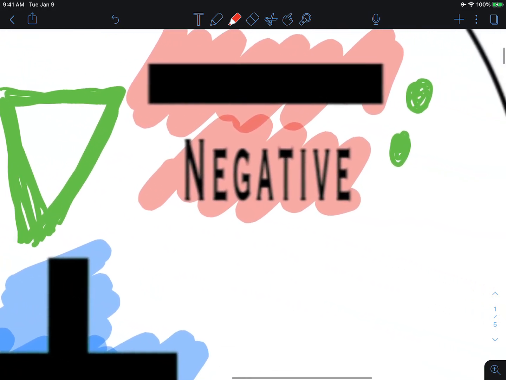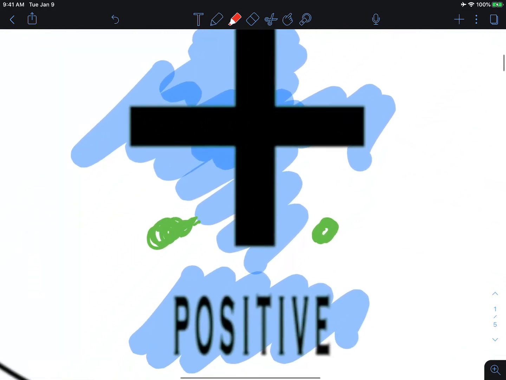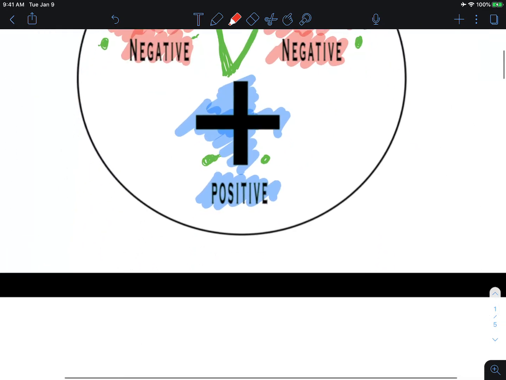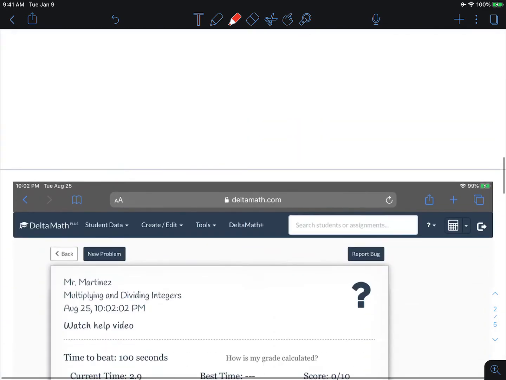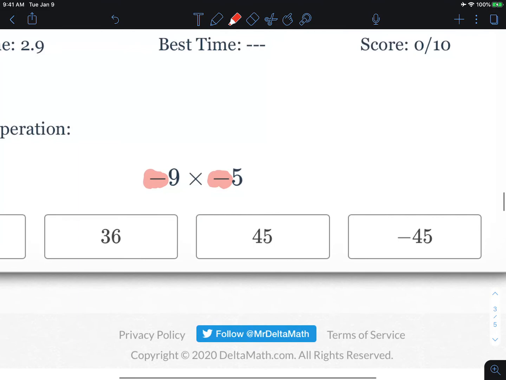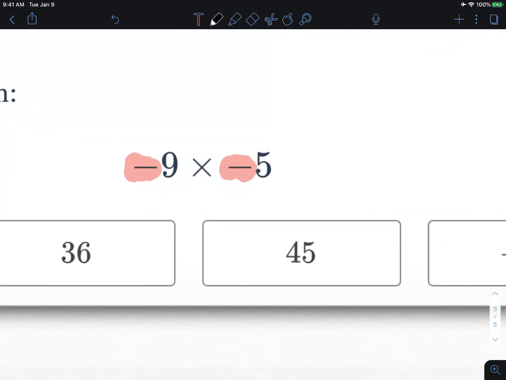Negative times negative is positive. So let's go back. And this is going to be equal to positive. 9 times 5 is 45. So we get a positive 45. Right? Okay. 2 more examples. Let's check it out.